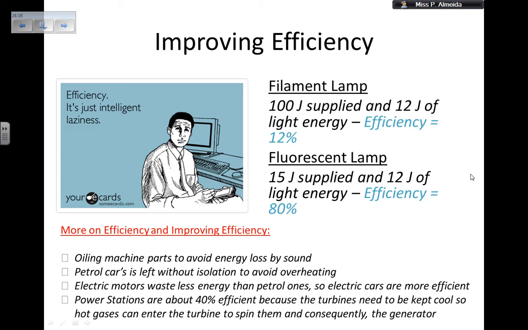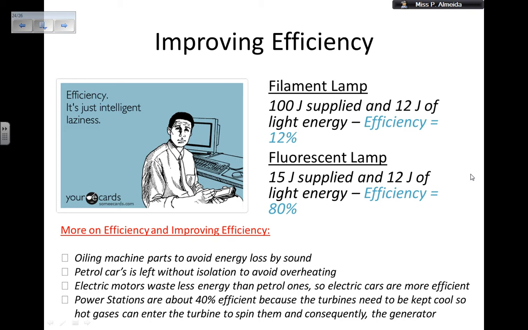So if we want to actually use less energy, one way is to buy things that are more efficient, okay? Because that means that for the same or a smaller amount of input energy, I get the same output useful energy as before.